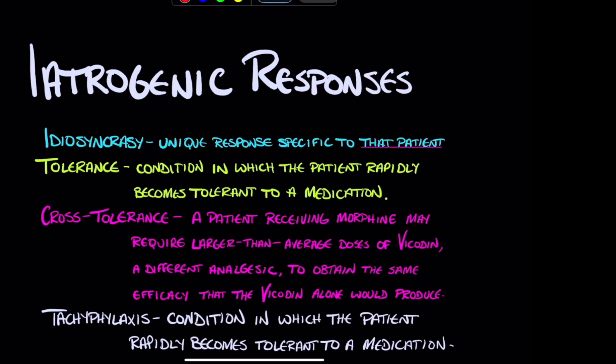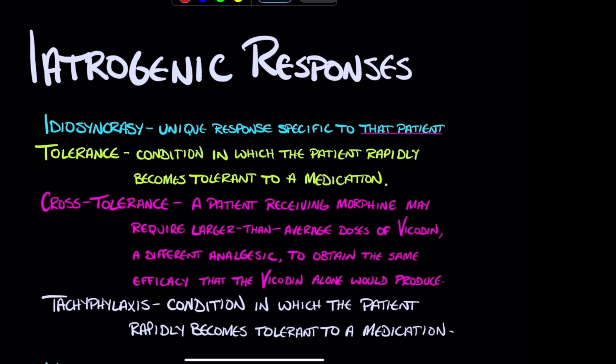Or on the other hand, it can be responding negatively to the medication in some way. So we have what's called idiosyncrasies, and these are unique responses specific to a certain patient. So very abnormal responses really specific to a certain person.